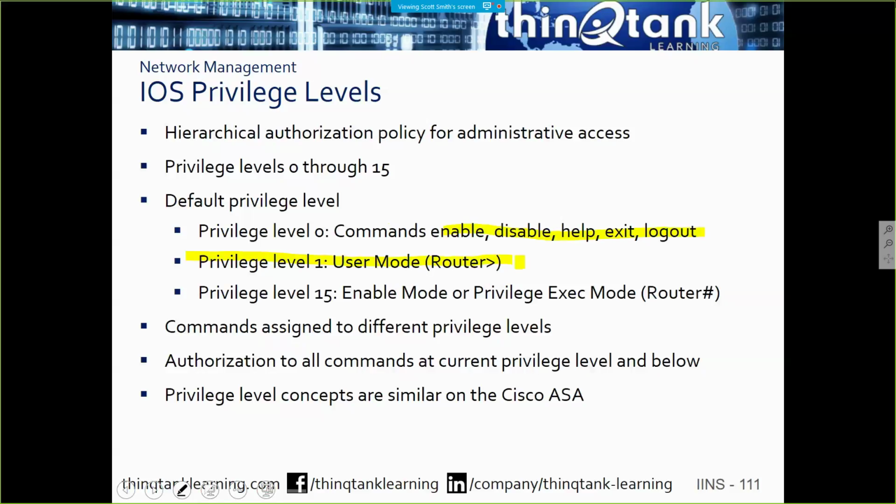And this particular level provides you access to some basic show commands. You can do some pings, some trace routes, some basic troubleshooting, but you can't manage the platform completely. You're not going to be able to reload the device. You're not going to be able to manage the file system, etc.